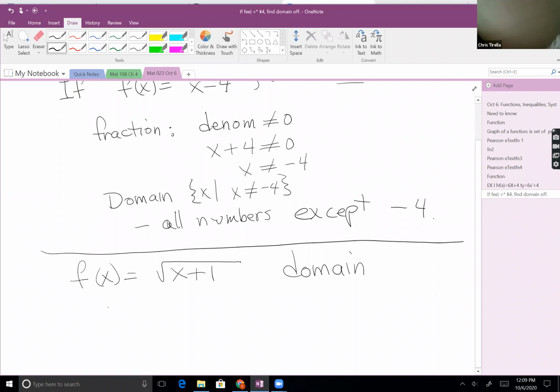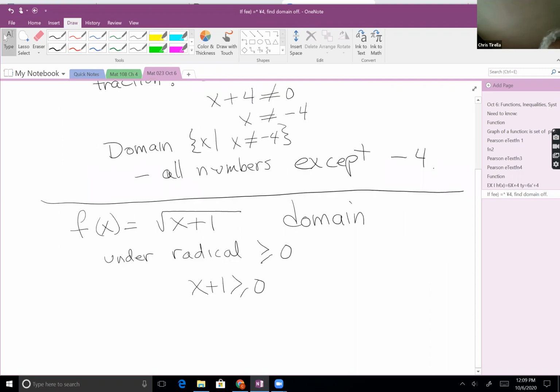So we know that under the radical has to be greater than or equal to 0. So here that would give me x plus 1 is greater than or equal to 0. And when I go to solve that inequality, subtracting 1 from both sides would give me that x is greater than or equal to -1. And so my domain would be all values greater than or equal to -1.